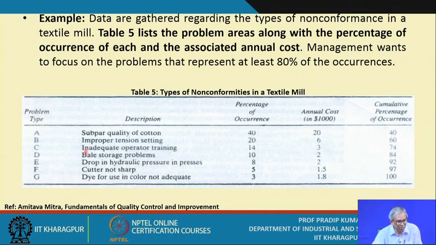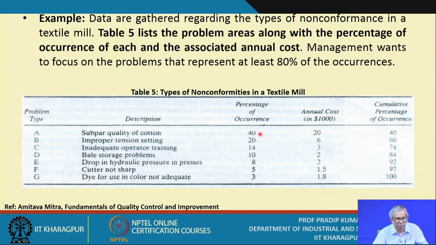You have studied the systems, and these are the types of non-conformities in a textile mill. These are the problem types, coded as A, B, C, D, E, F, G. That means there are 7 problem types. The percentage of occurrence is also given, then the corresponding cost in US dollars, and the cumulative percentage of occurrence is also given.